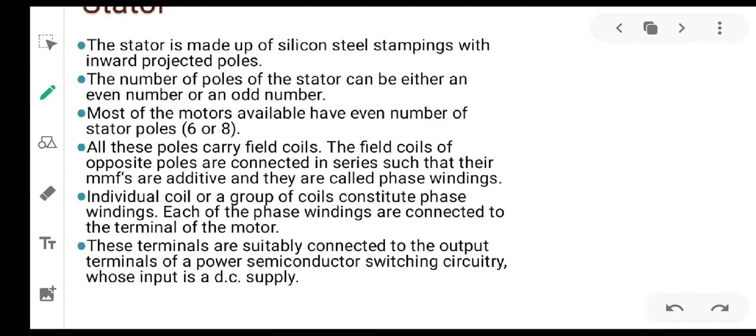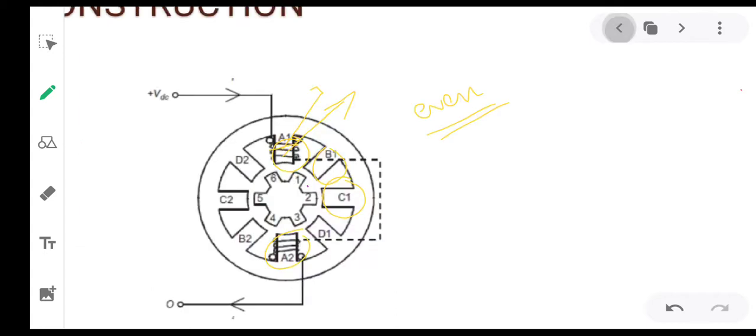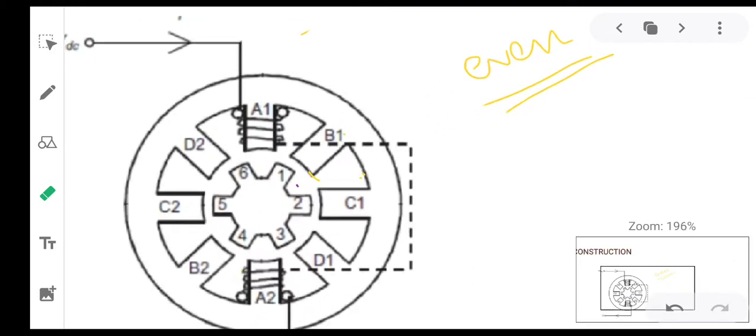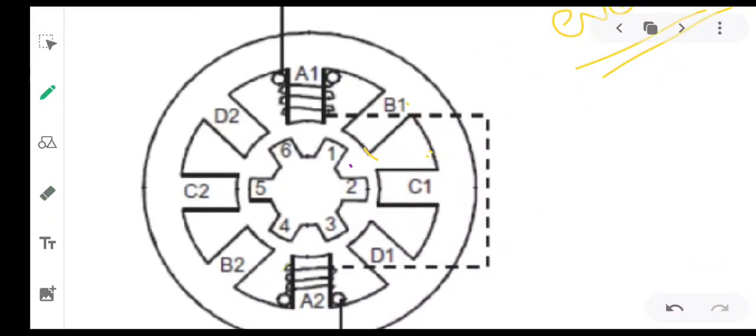All these poles carry field coils, and the field coils on the opposite poles are connected in series and can be called a phase winding. In this diagram you can see that this one is one phase, the opposite pole windings. This is the first pole A1 and A2, and over the poles you have field coils connected in series to form the first phase, A1 and A2.